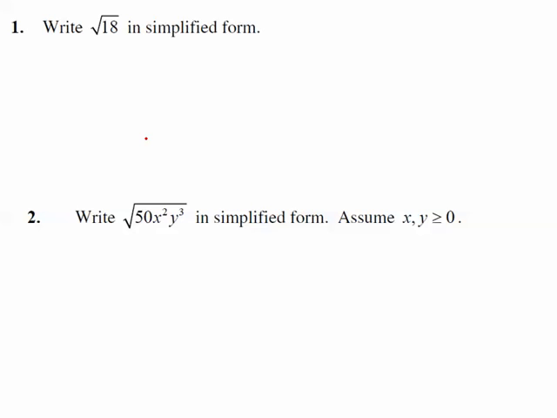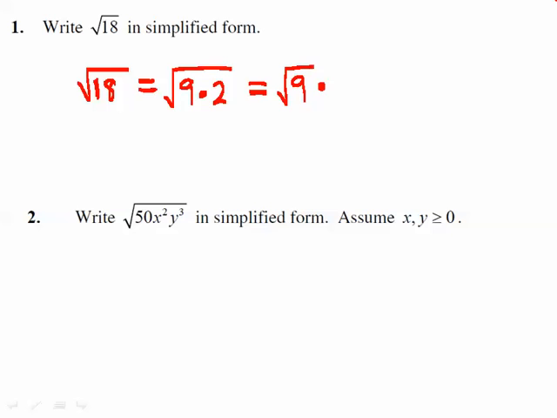Yeah, 9. 9 times 2, right? 9 is the perfect square. So I can write it like this. Square root of 18 technically is square root of 9 times 2. And we got this multiplication rule that says I can split this off into two different pieces, a square root of 9 and a square root of 2. And then square root of 9 technically is just 3. So how about 3 root 2? Good there.